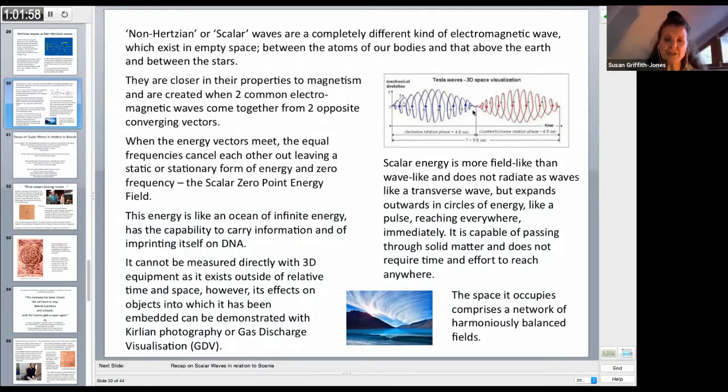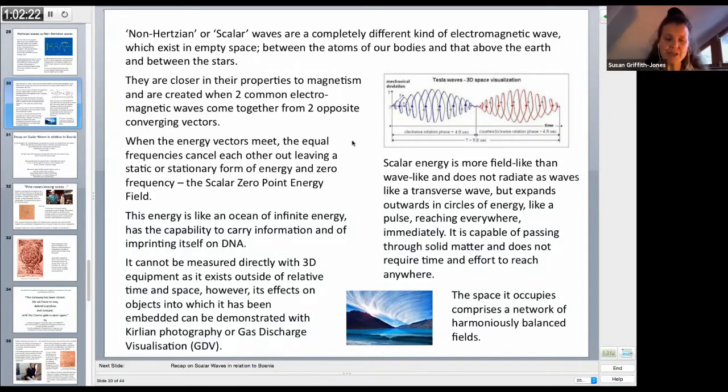When the energy vectors meet, the equal frequencies cancel each other out, leaving a static or stationary form of energy and zero frequency, which is the scalar zero-point energy field. This energy is like an ocean of infinite energy, has the capability to carry information and of imprinting itself on DNA.